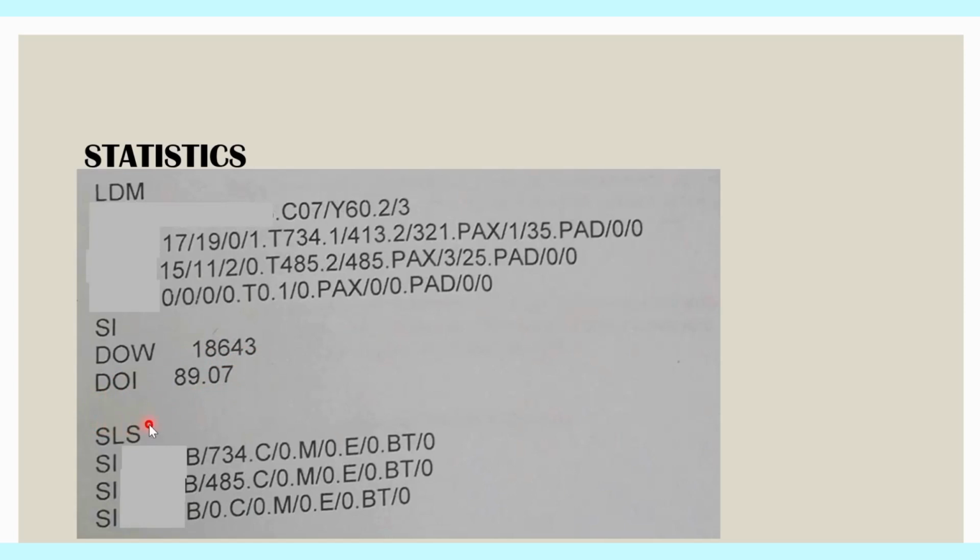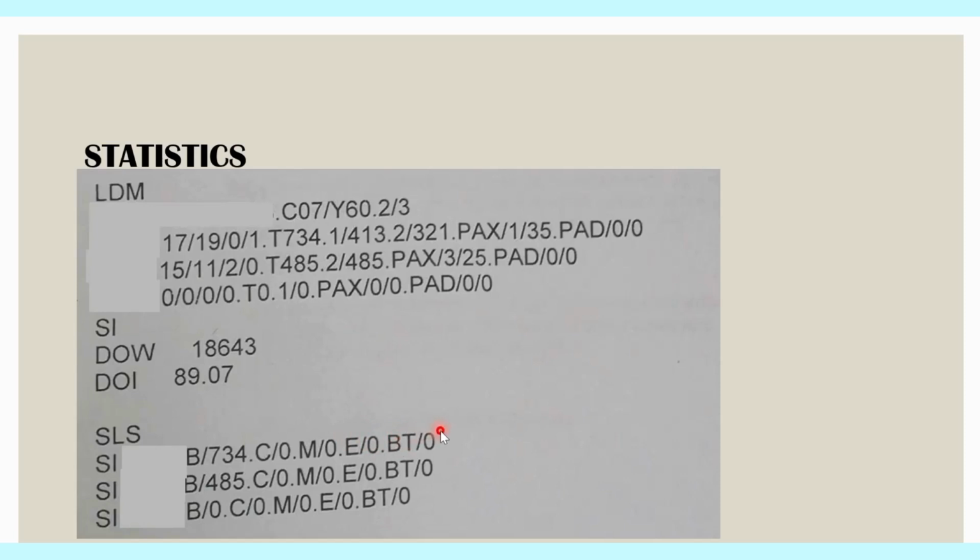The supplementary information here is as follows: baggage 734 kilograms, cargo none, mail none, and equipment in the compartment which can be included or excluded in dry operating weight, none, and transfer baggage that needs to be transferred from A to B is none as well.